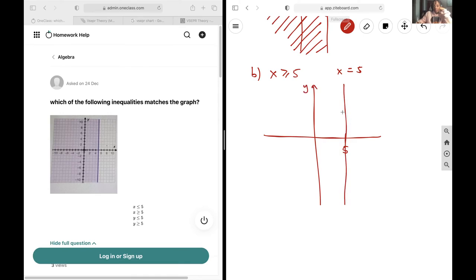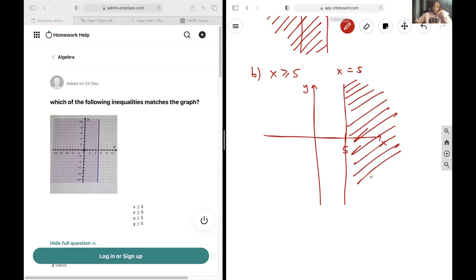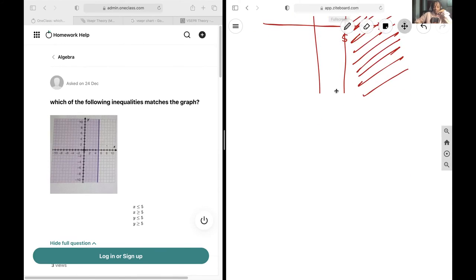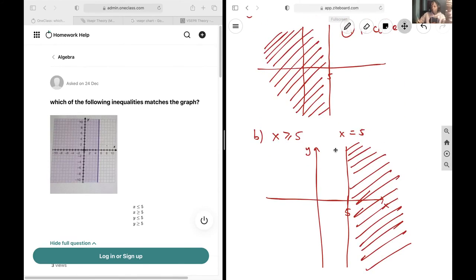If you want to mark it, we have y, x. So we have the line x is equal to 5. And then the inequality is x is greater than or equal to 5, which means we want all points beyond the line x is equal to 5 and including the line itself. So that will look like that. It's almost the opposite of part A.